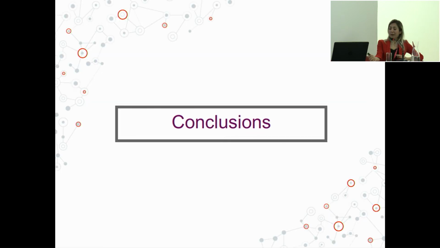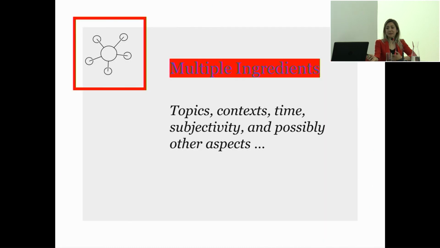This is something that I will not be talking further about today. And the conclusions from this work are, of course, firstly, that these ingredients just contribute to the fact that sensitivity cannot be thought of as something separated from context, for sure.